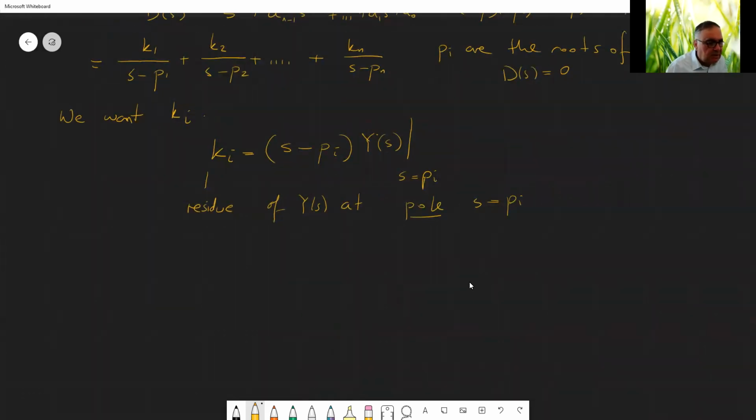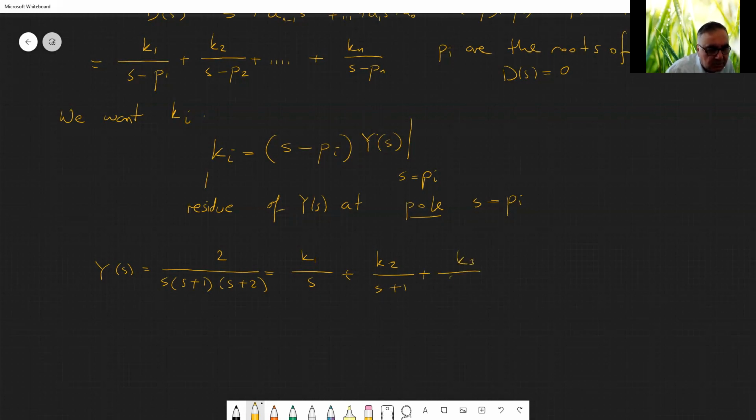For example, in our case, let's try to remember it. Y(s) equals, let's say, K1 over s plus K2 over s plus 1 plus K3 over s plus 2.